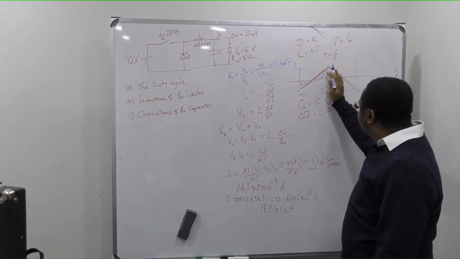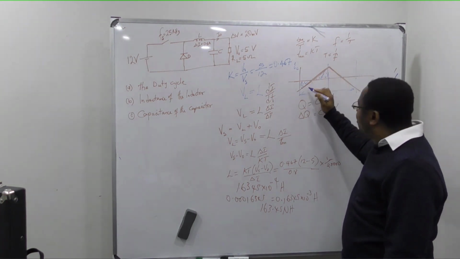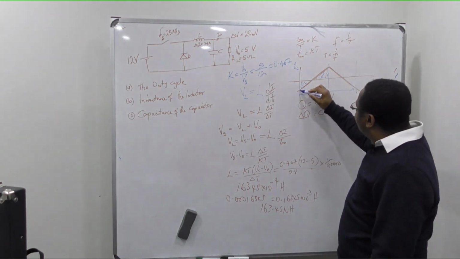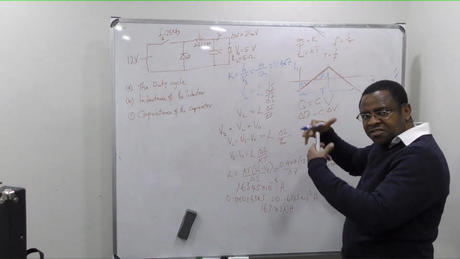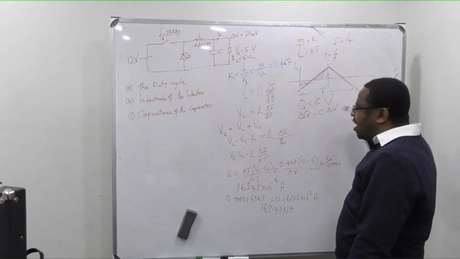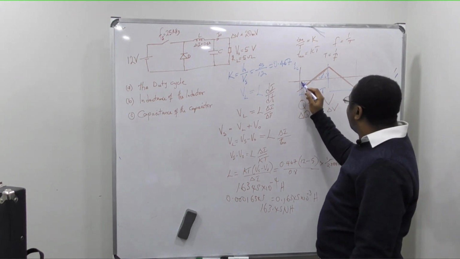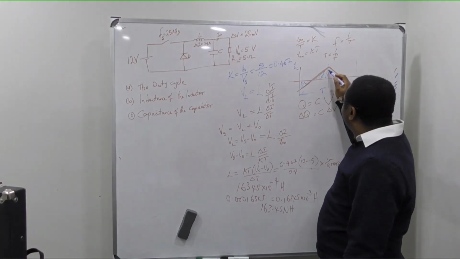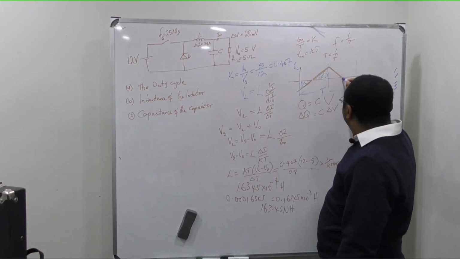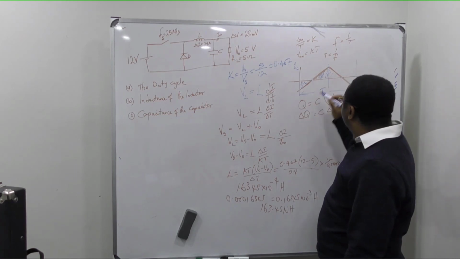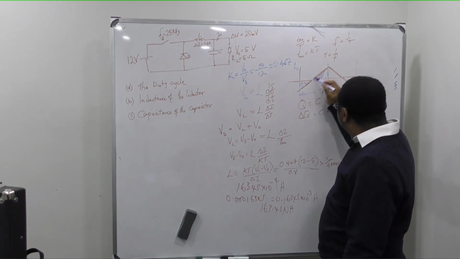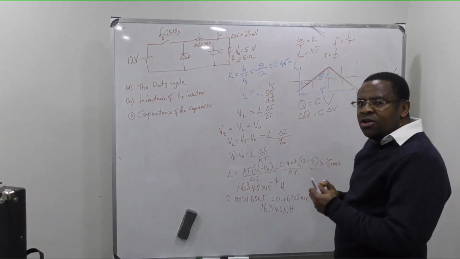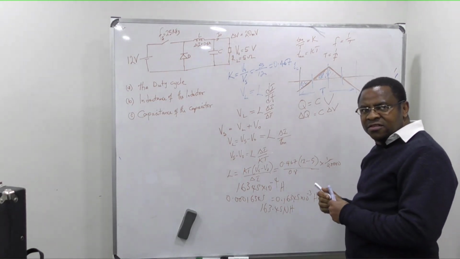So if I just want the time for this time of on, because the quantity of electricity during charging is the same thing as during discharging, right? All right, so we know that from here to here is T over 2. So now what I'm going to do is consider from here to here the whole of this, which is the same thing as considering this plus that, right? So now I will just use this section to get the quantity of electricity, right?